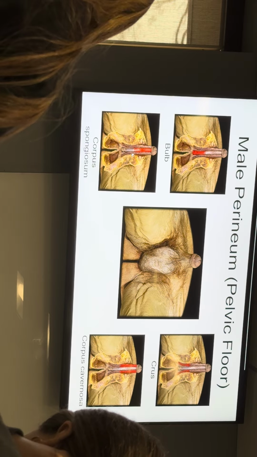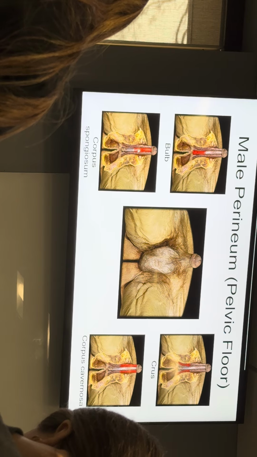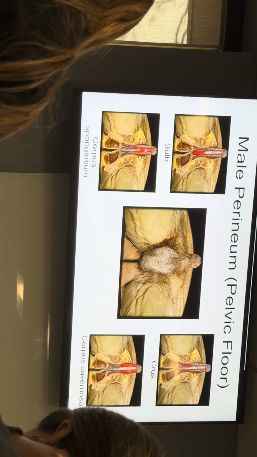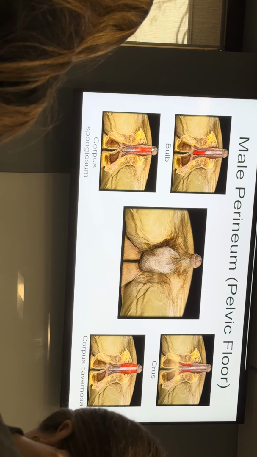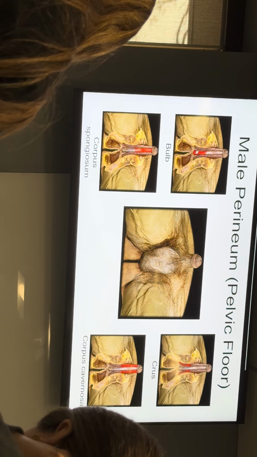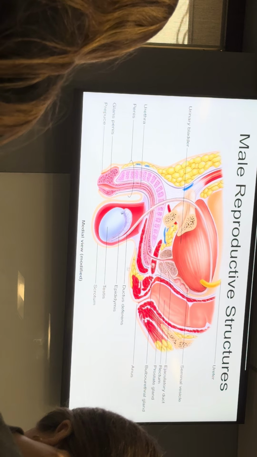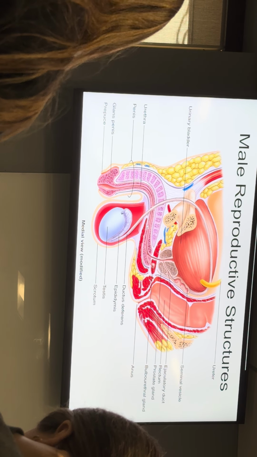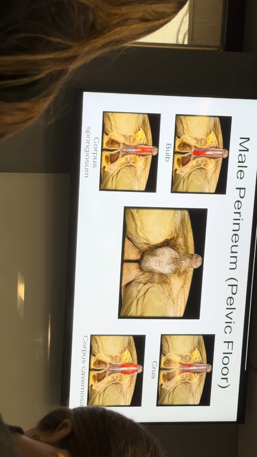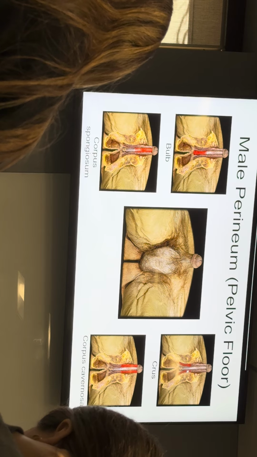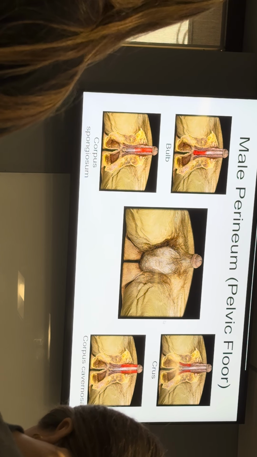So here you have your corpus spongiosum. Really, this orange should be highlighted here and here as well, because that's all corpus spongiosum. Specifically, this is the bulb of the corpus spongiosum where it enlarges. See, it's skinnier and then enlarges right at the end there. And on the top of the penis, there's 2 tubes called your corpus cavernosa, and these veer off to either side to form the crus of the penis.